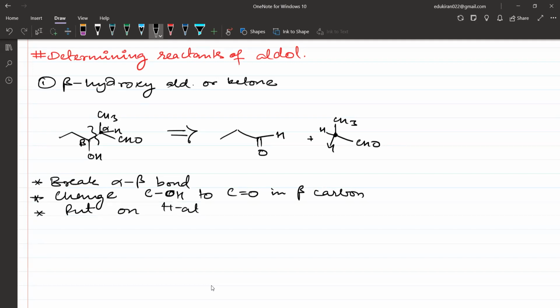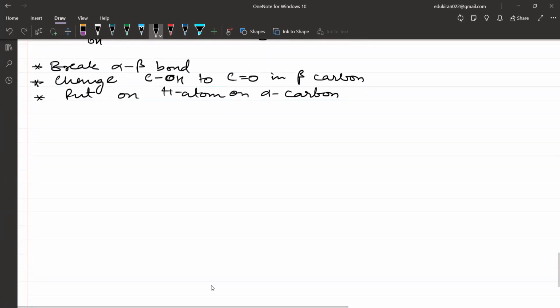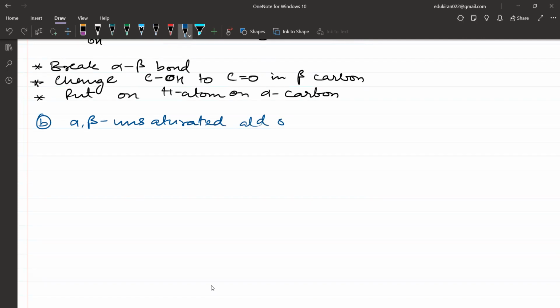Put one hydrogen atom on the alpha carbon. In the B case, they can give you an alpha beta unsaturated aldehyde or ketone.